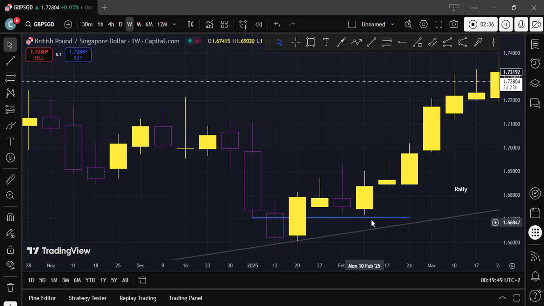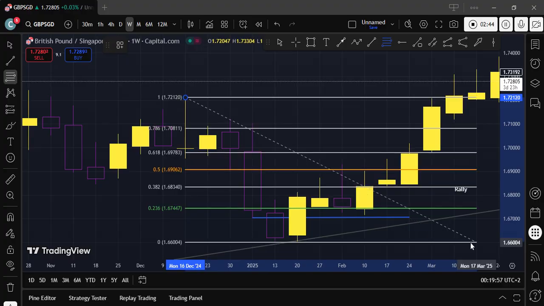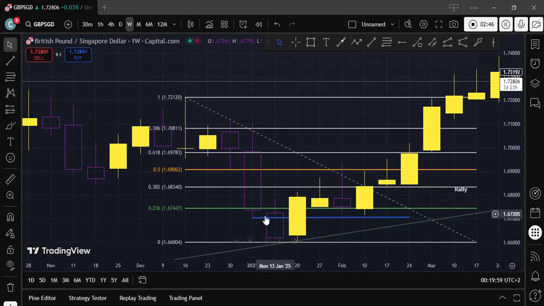Normally, when I'm trading this thing that we call heads and shoulders, what I expect, especially when we're trading with many currencies, is that the market drops below this line that I have drawn.